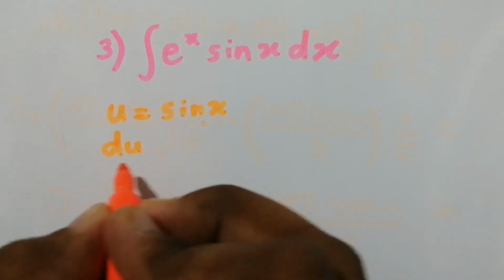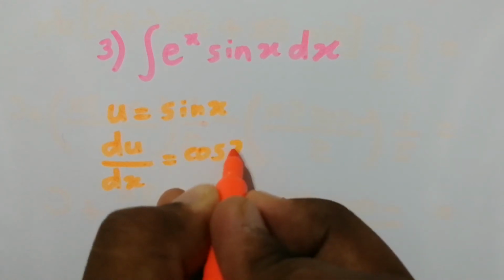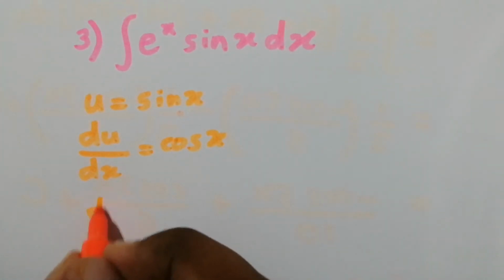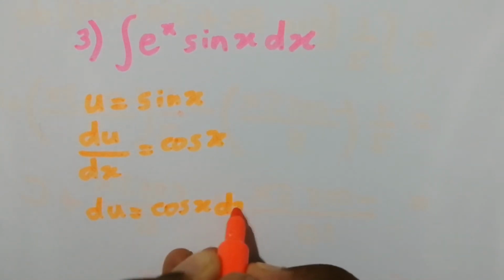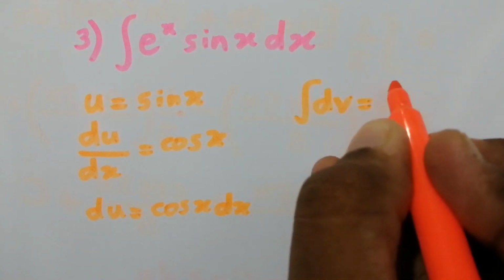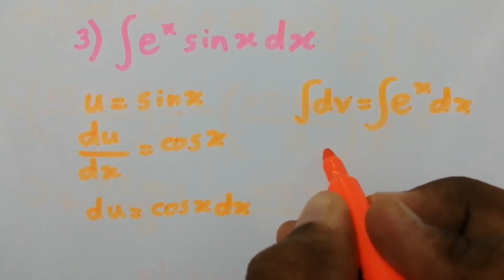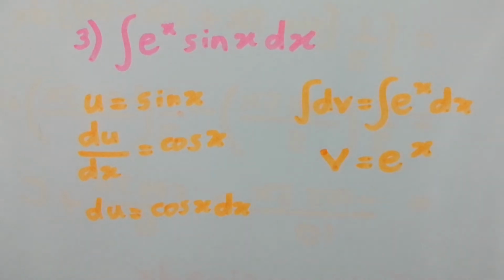Then du upon dx equals cos x, so du equals cos x dx. Then the remaining dv is equal to integral e^x dx. Then by integrating we can take v equal e^x.